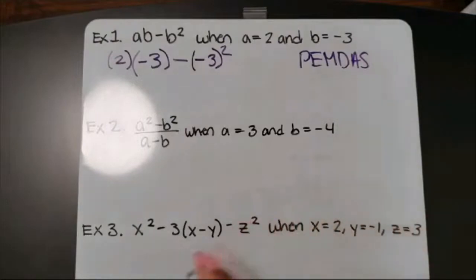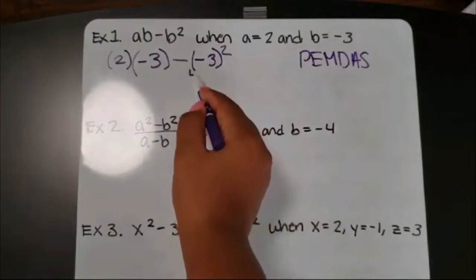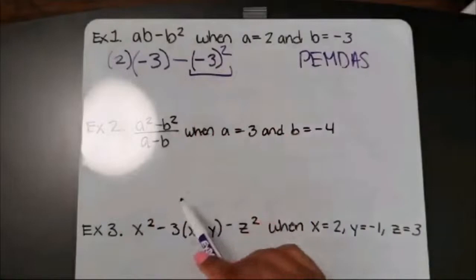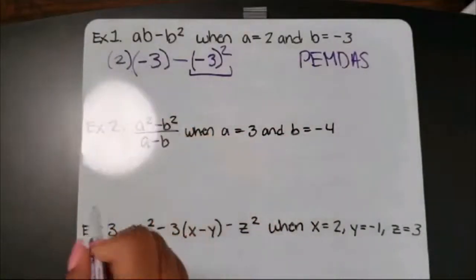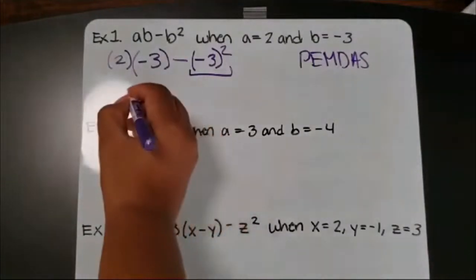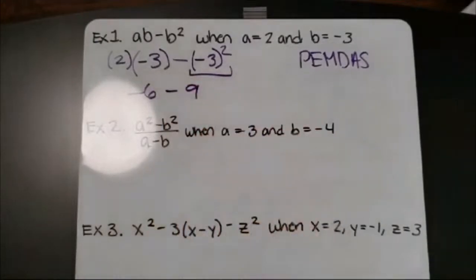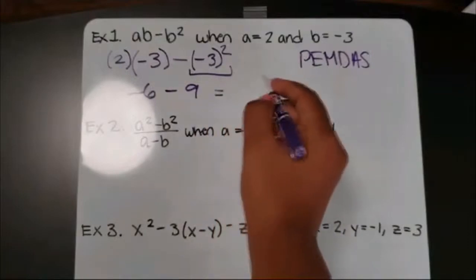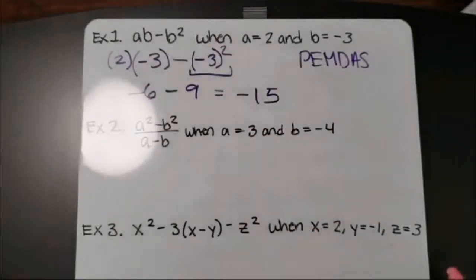So now we go to exponents, and that is this section here, which would be 9. Then we do the multiplication, which would be 2 times -3, which is -6. So we should get -6 minus 9. Then from here, if we do that in our head or in our calculator, we'll get -15.